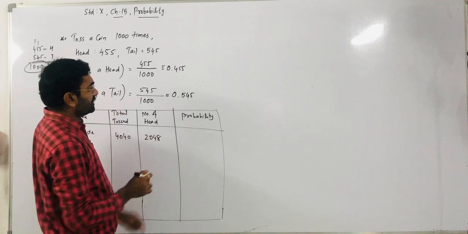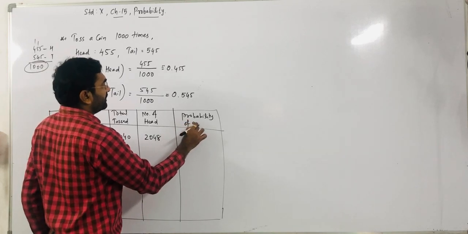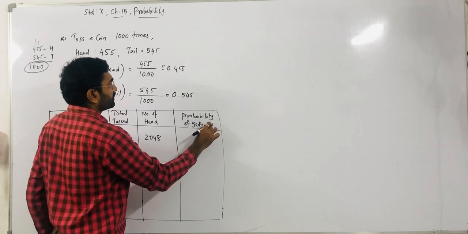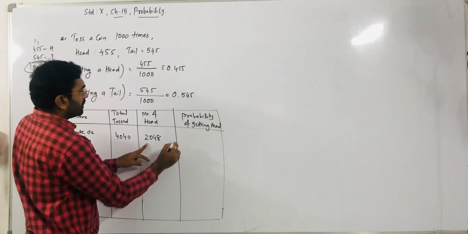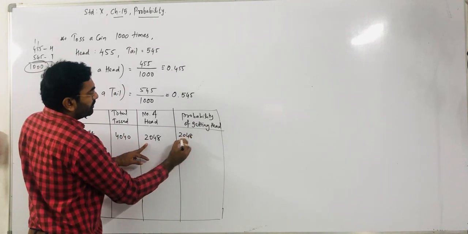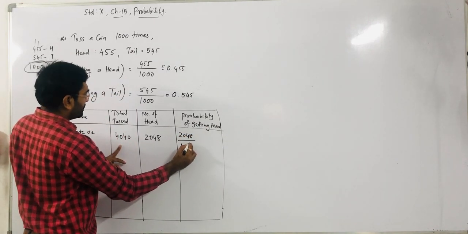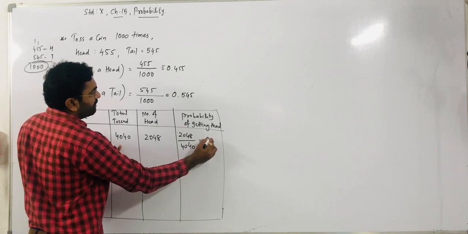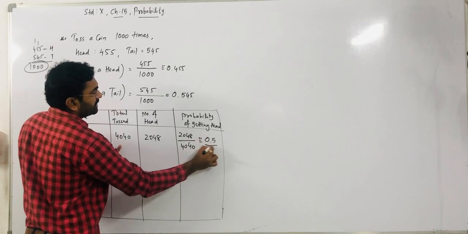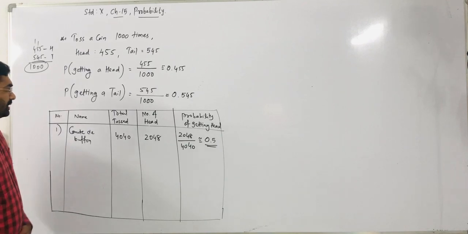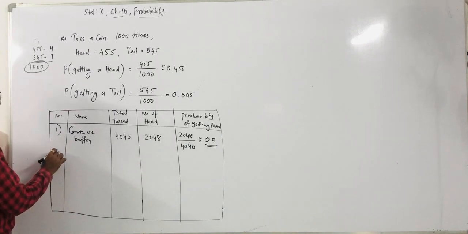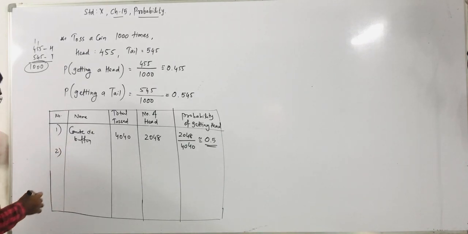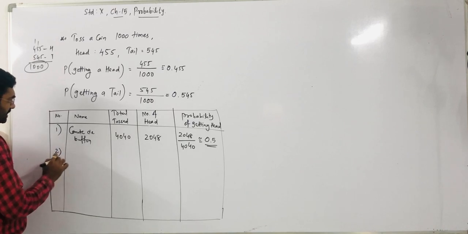So whenever we find the probability of getting a head, we take the number of trials in which we get a head upon the total number of trials, 4,040. It is an approximate value of 0.5, nearby 0.5, right? In the same way, the second scientist, J.